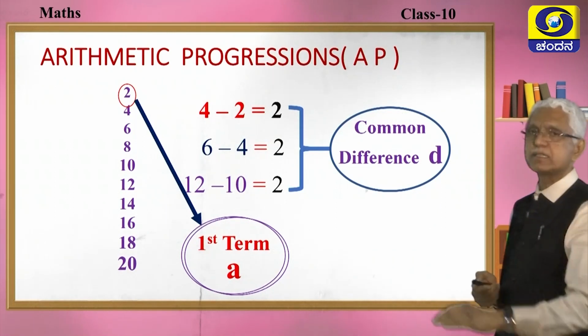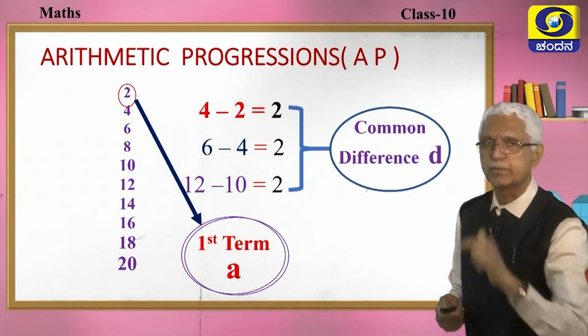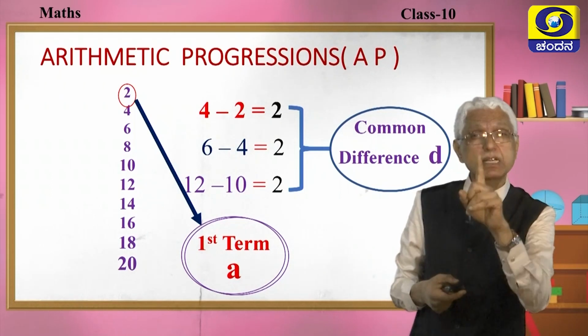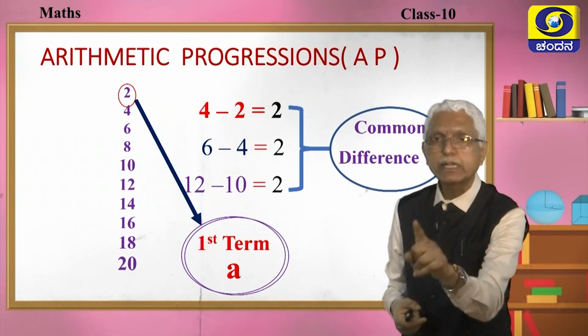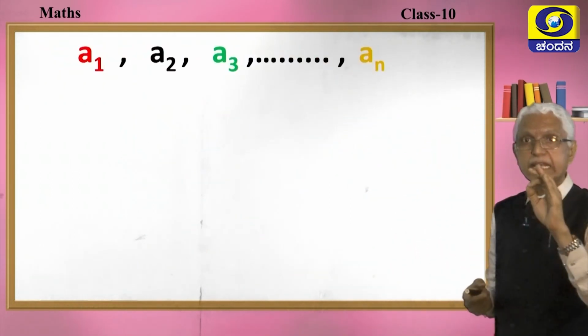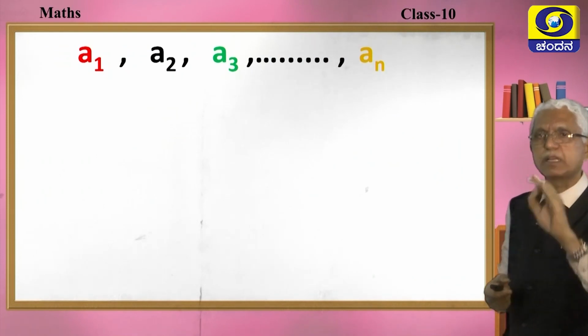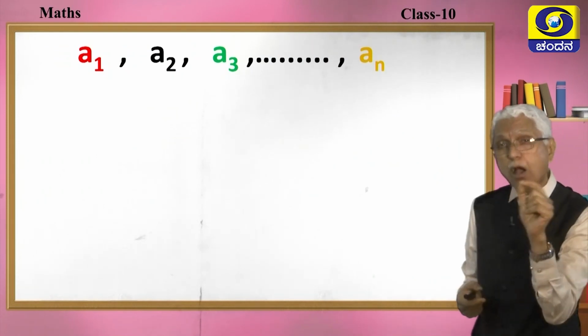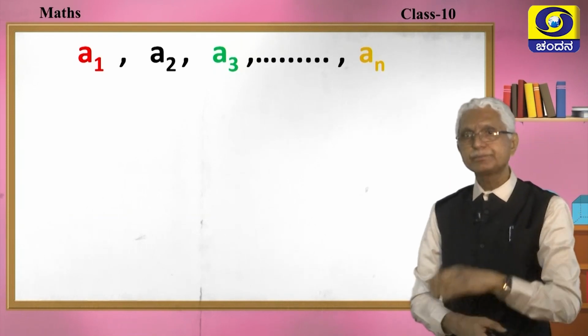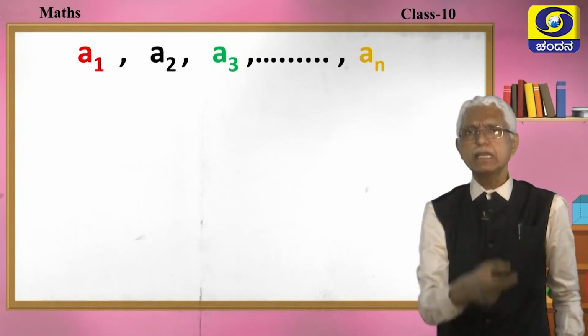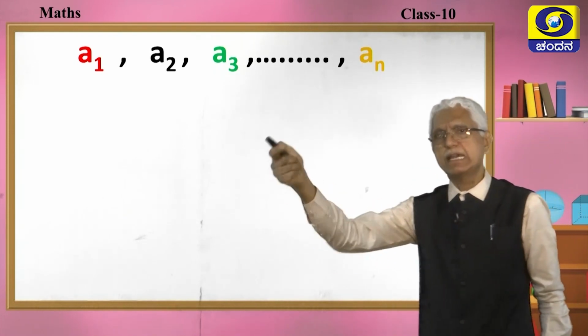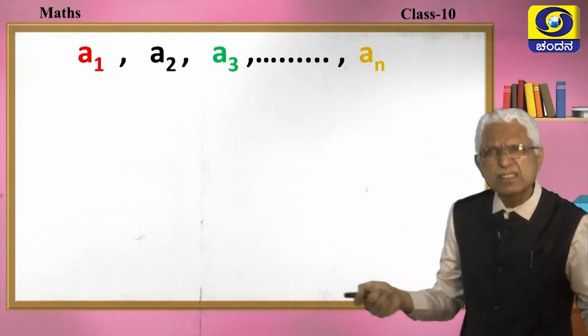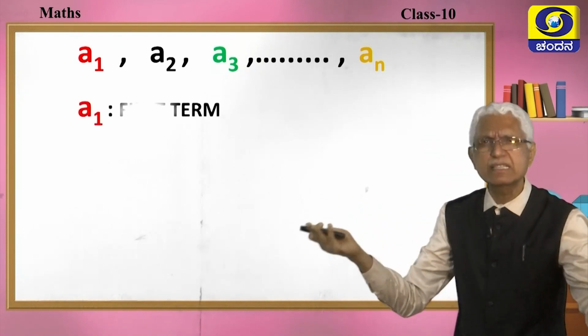And my dear children, now we will introduce one more term. The first term that you write is denoted by the symbol A. So, in any arithmetic progression, the first term is denoted by A and the common difference is denoted by D. Here I have A1, A2, A3 dash dash AN. What are these? It is just a set of numbers I have written.